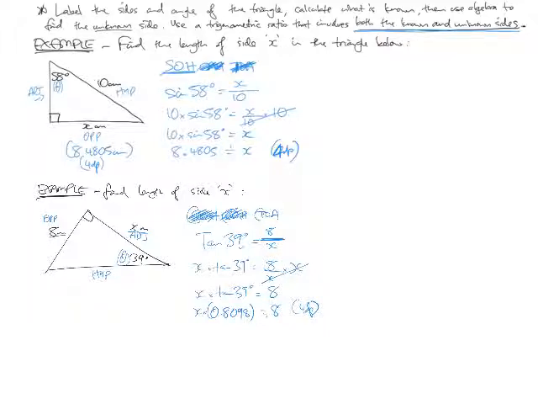There's a times sign there, so we need to get rid of that by dividing by 0.8098. But if we do that on one side, we need to do that on the other. Those cancel. 8 divided by 0.8098. So x is going to be approximately equal to 9.8792 to 4 decimal points.